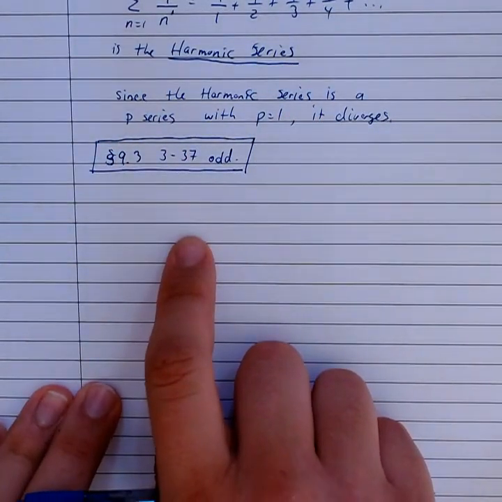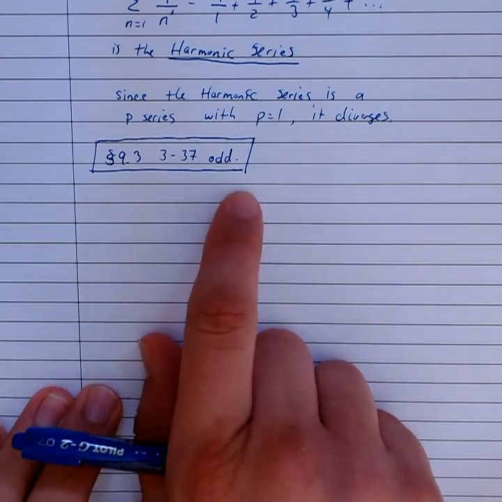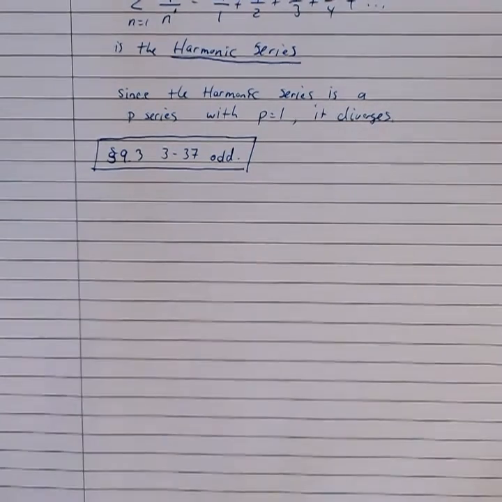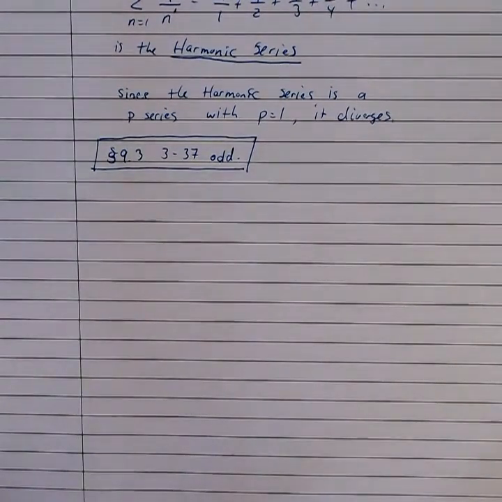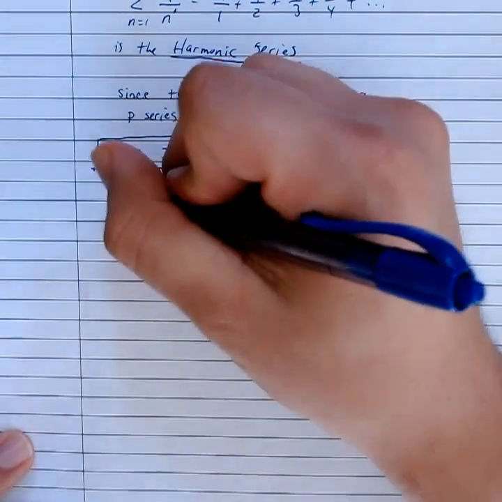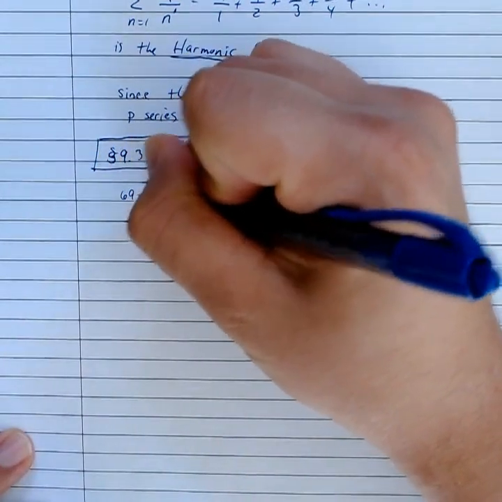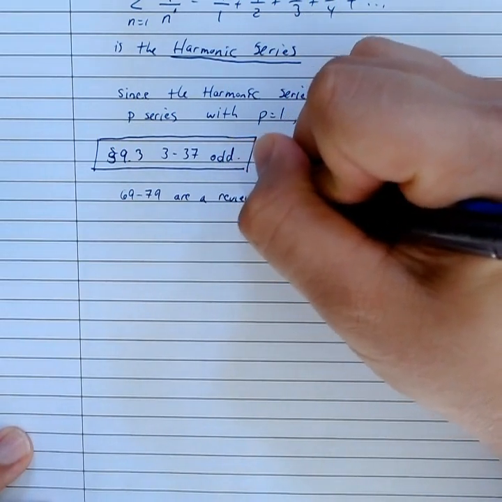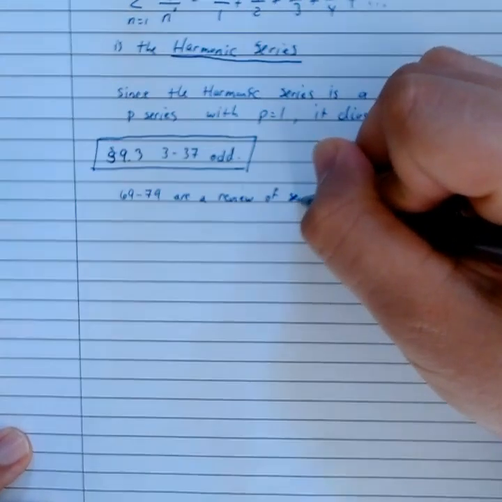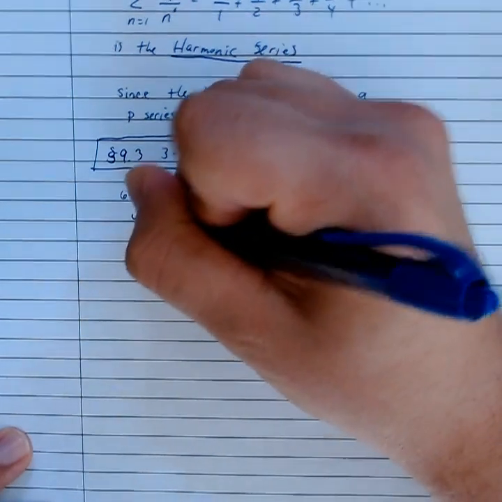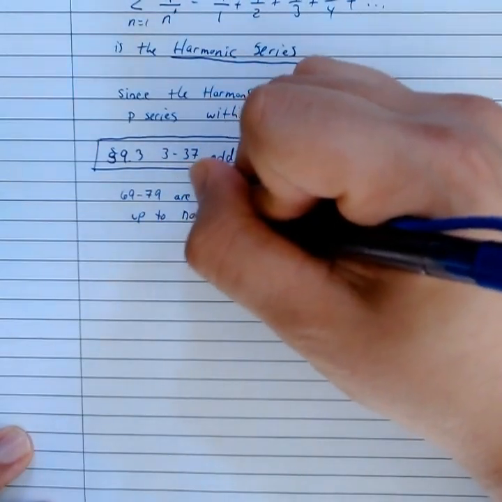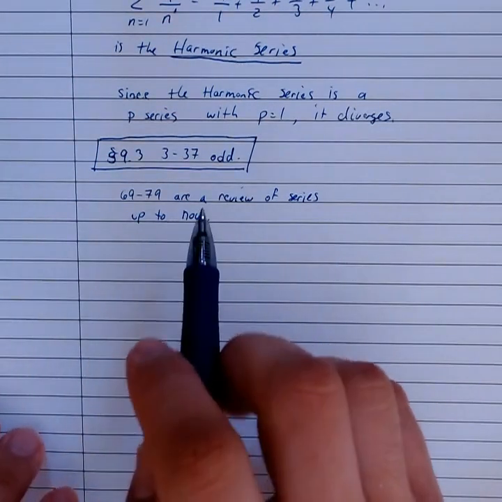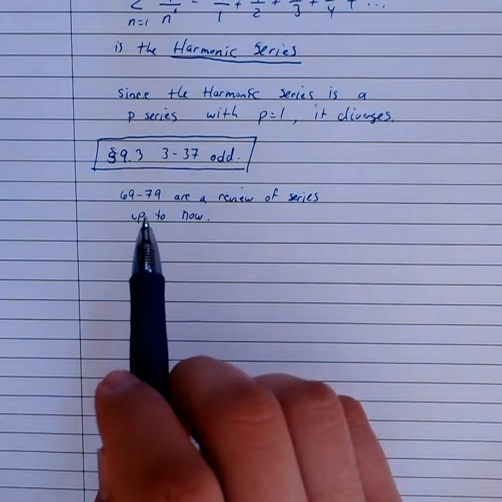Although I will not be at all requiring it, along with the exercises of this section, if you go to problems 69 through 79, 69 through 79 are a review of series up to now. These are some problems that are going to cover just a few basic things that we've seen.